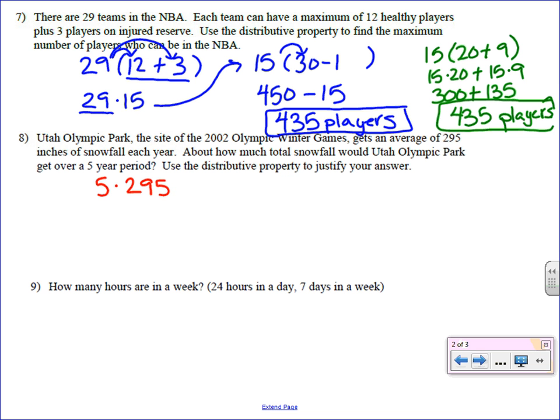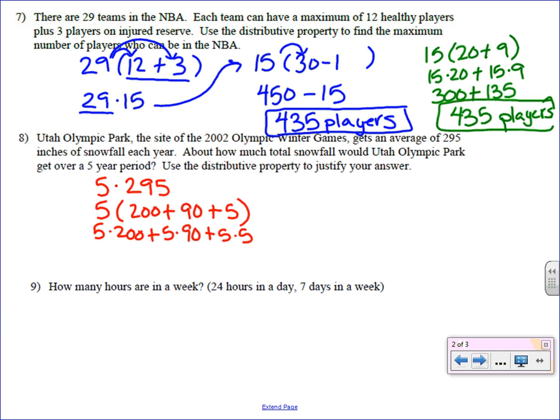So we can think about this again in several different ways. We could break it up into the hundreds, tens, and ones. So I could say 5 times 200 plus 90 plus 5. So 5 times 200 plus 5 times 90 plus 5 times 5.